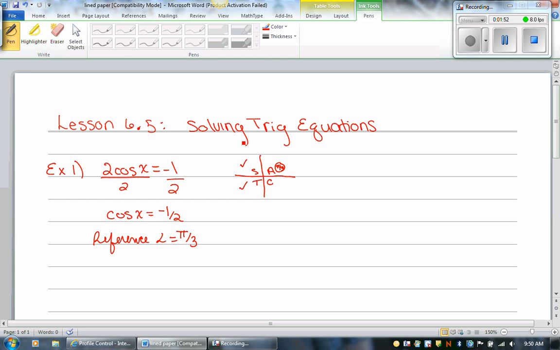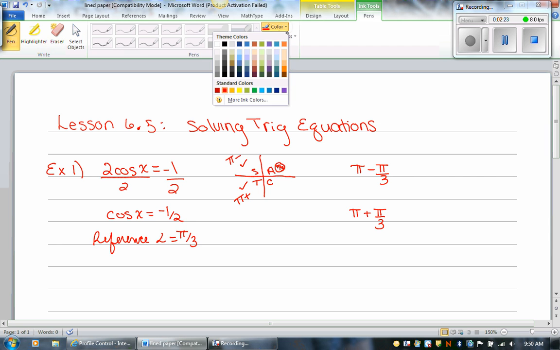So we have to use our rules for finding angles: pi minus the reference angle, and pi plus the reference angle. We're going to find our 2 angles at which cosine is -1/2 in radians. So we do pi minus pi/3 and pi plus pi/3.